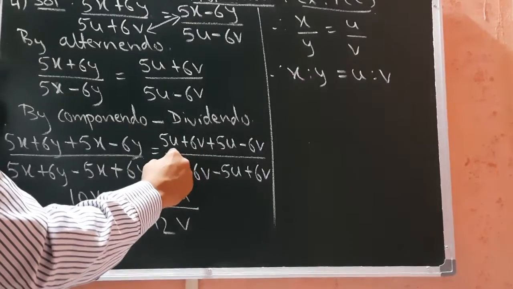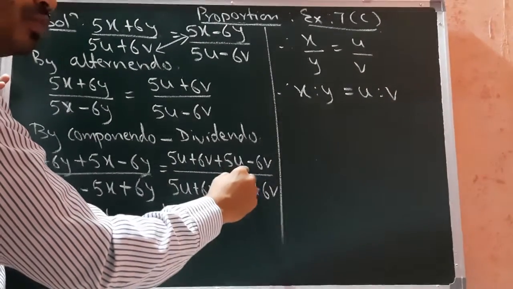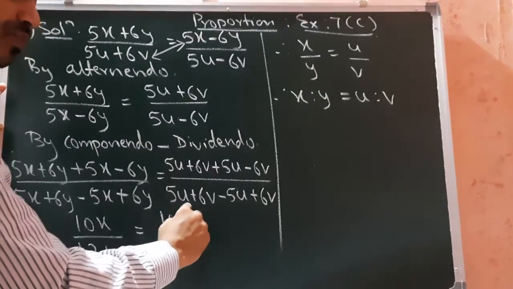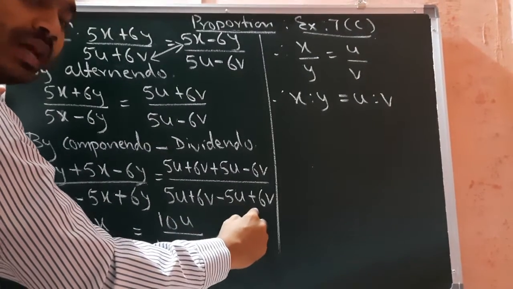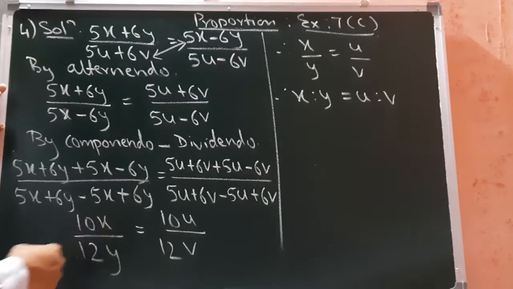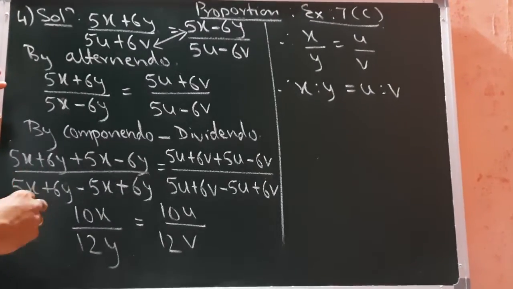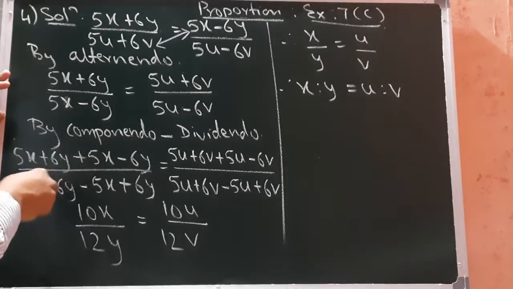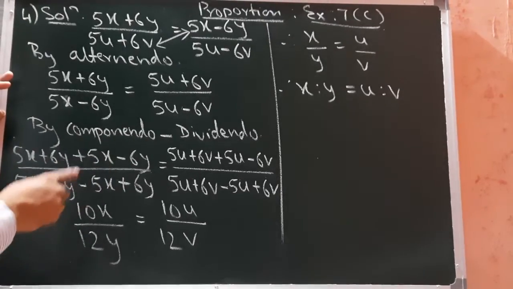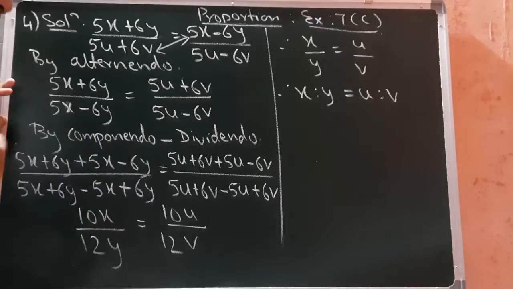Here also the same way, 5u plus 6v plus 5u minus 6v upon 5u plus 6v minus 5u plus 6v. Whenever you take componendo dividendo, in the numerator the second and fourth terms get cancelled, and in the denominator the first and third terms get cancelled.